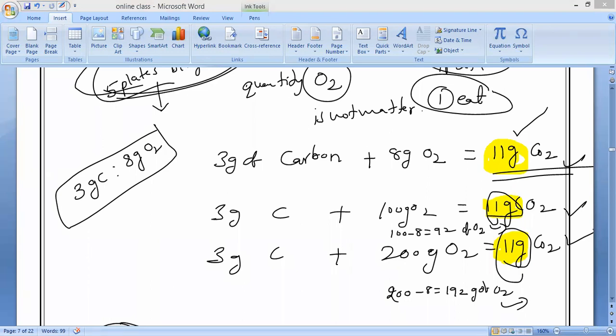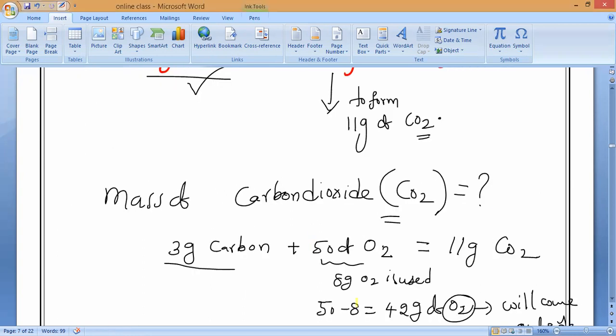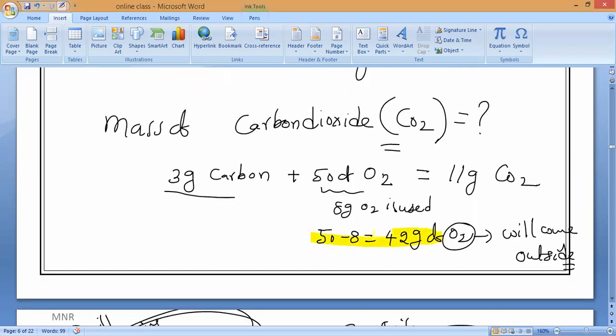Even if you burn 3 grams of carbon in 50 grams of oxygen, the extra oxygen, how much is the extra oxygen? 50 minus 8, how much is it? 42, sir.